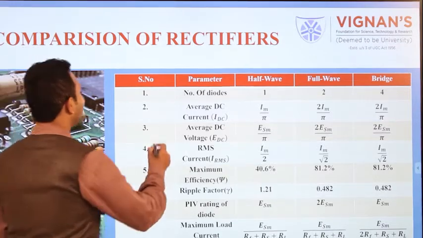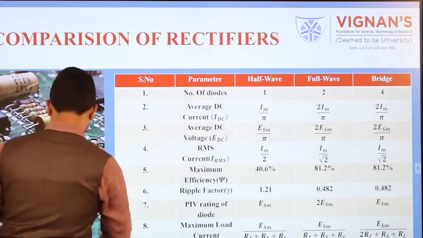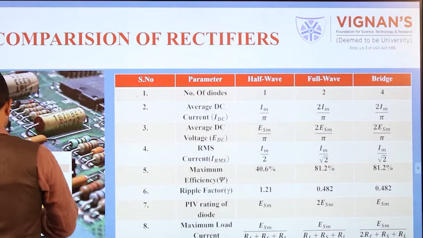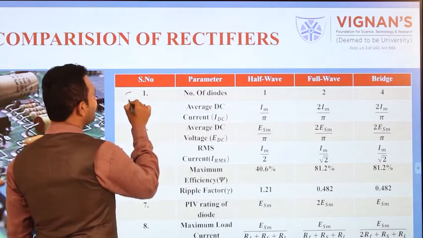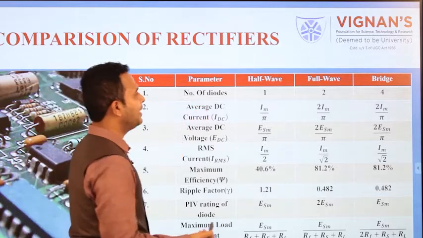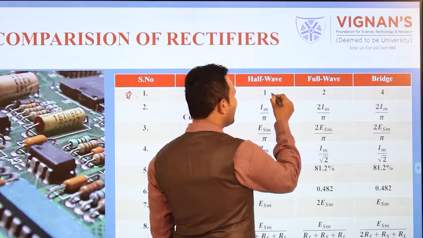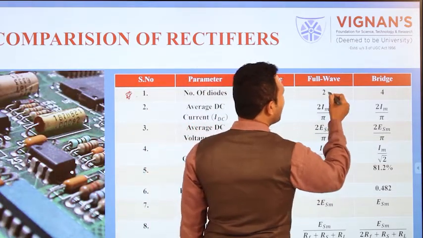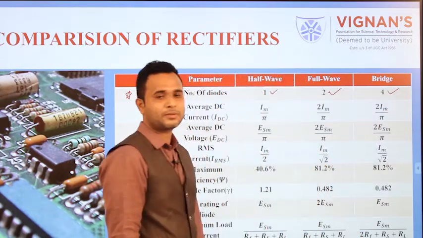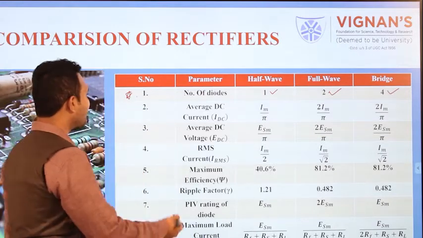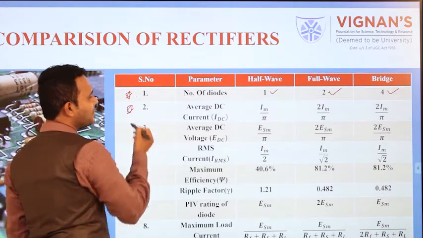First comparison parameter is the number of diodes. Here we are using only one diode for the half wave rectifier, 2 diodes for the full wave rectifier, and 4 diodes for the bridge rectifier, right? The next point is the average DC voltage.